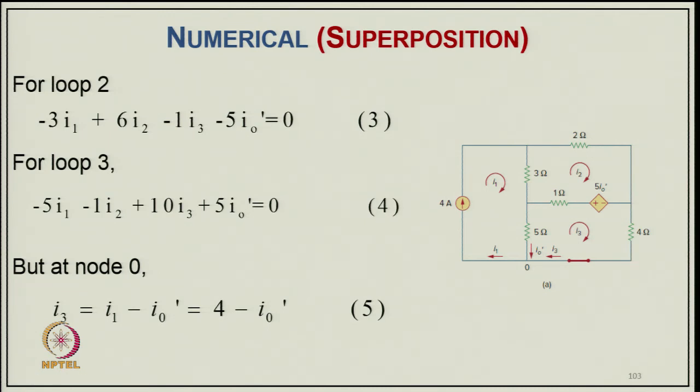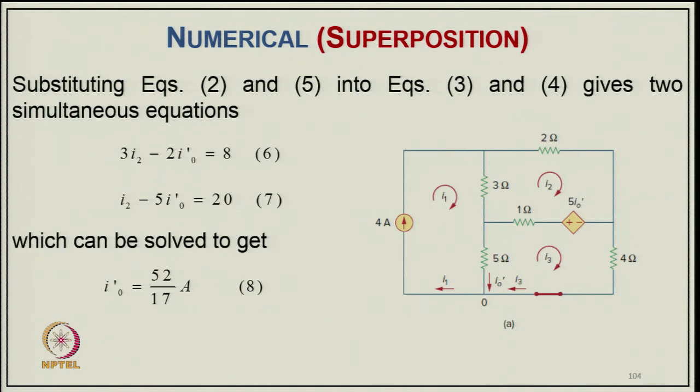But at node 0 here we can apply KCL. So, I3 will be equal to the current coming in, I1 minus I0. So, that gives us 4 minus I0 dash.